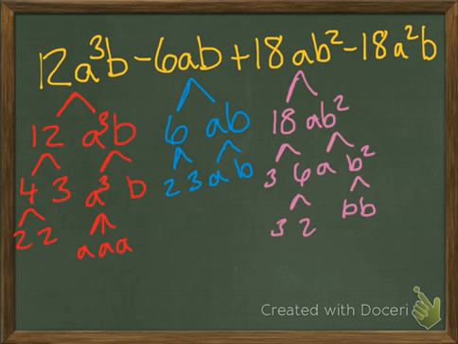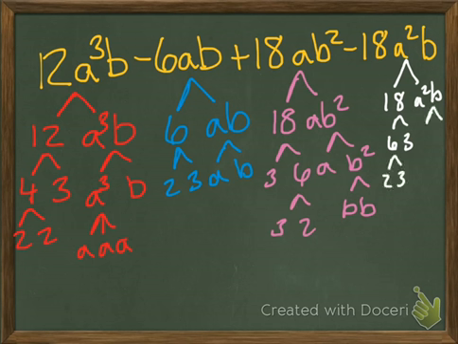Our last term is 18 times a squared b, and then 18 can further be broken down into 6 times 3 and 2 times 3. A squared b is of course 2 a's and a b.